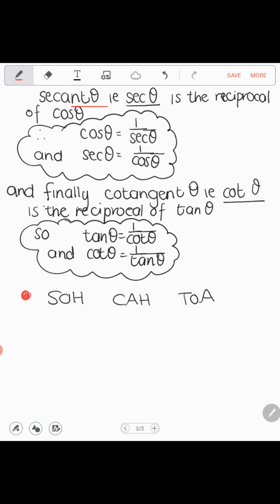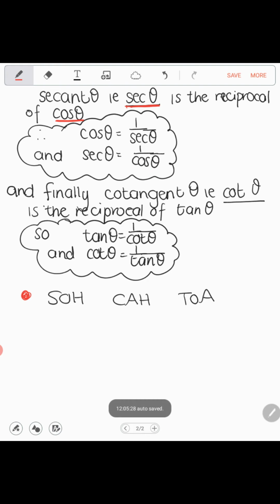Okay, secant, which we abbreviate to sec theta, is a reciprocal for cos. So that means that cos theta will be equal to 1 over sec theta, and sec theta would be equal to 1 over cos theta.